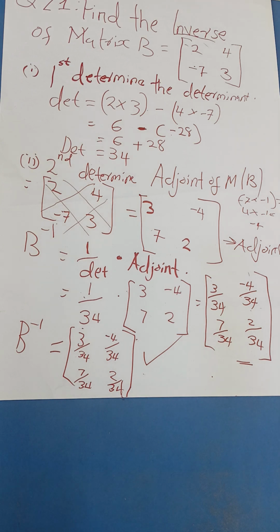Then we can also do another question in regard to the same that requires you to use the matrix method. The matrix method itself, you use it to solve for the values there.